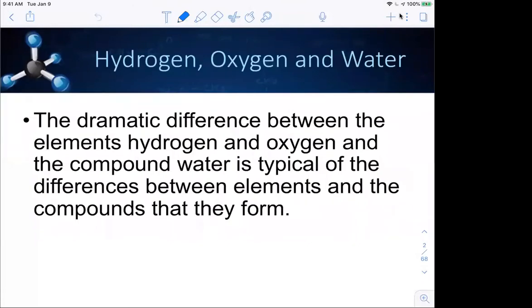That is pretty typical when we have various elements and then compare them with the compounds that they form. Water is composed of atoms of hydrogen and oxygen, but the substance H2O is much different physically than the individual elements of hydrogen and oxygen that compose it.